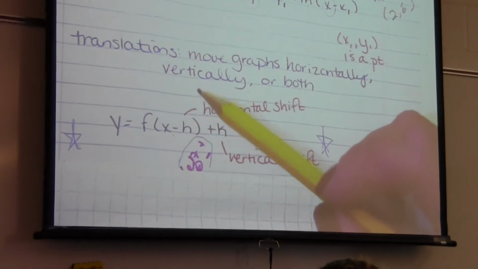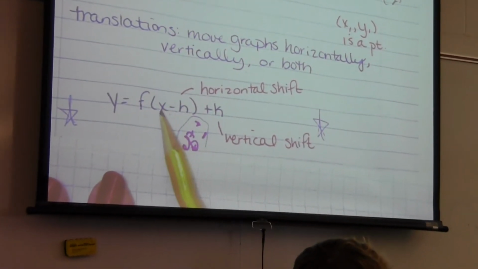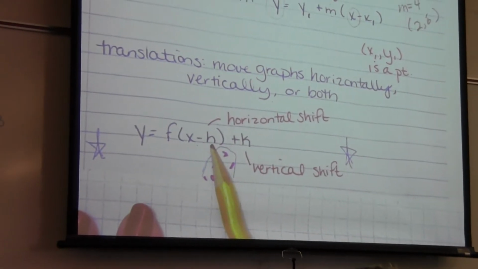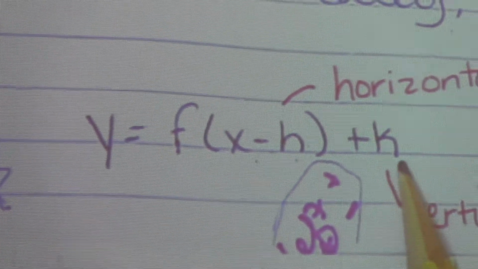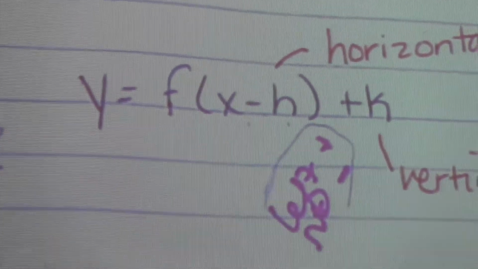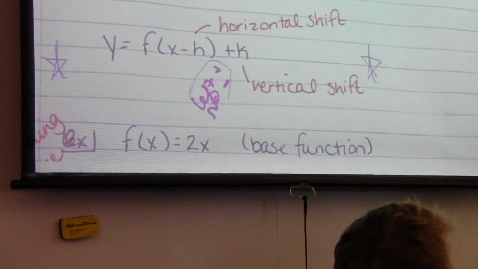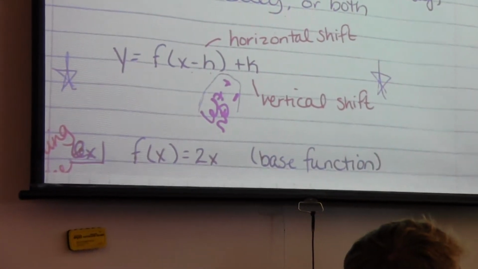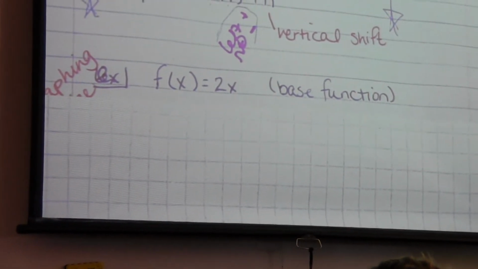Generally, y equals f of x. That's what we had in the notes yesterday, guys. So if we put some letter in here and we make it negative, that's going to give us a horizontal shift. Any number on the outside is going to give us a vertical shift. So we're going to look at a couple of those and why it's left positive and right negative.